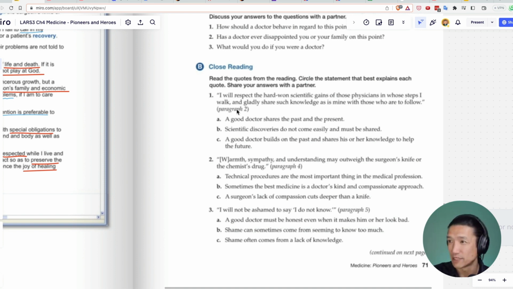Okay, I will respect the difficult scientific gains of previous physicians. Okay. And I will happily share this knowledge with those new doctors, people that will follow after you, right?